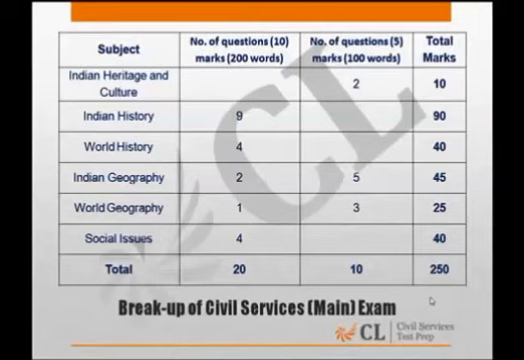Thus, total marks for social issues are 40. Thus, we can see that the total marks allotted to questions are 250, in which 20 questions are of 200 words and 10 questions are of 100 words.